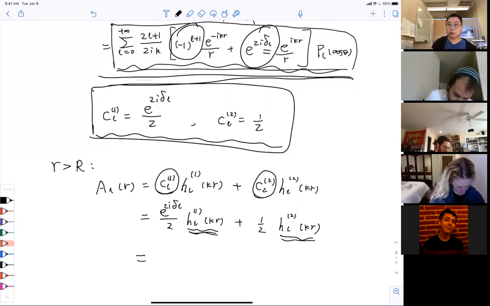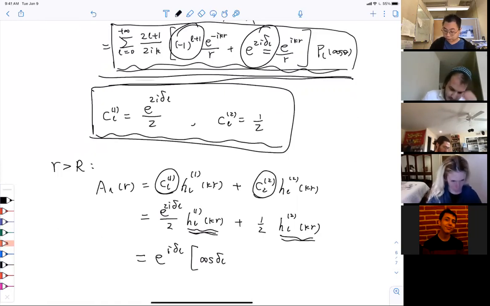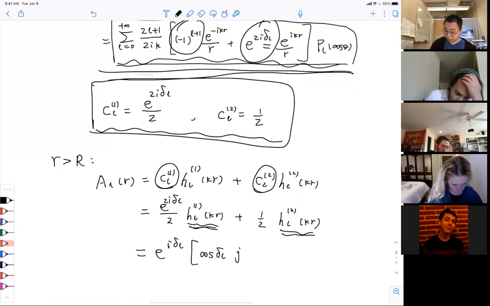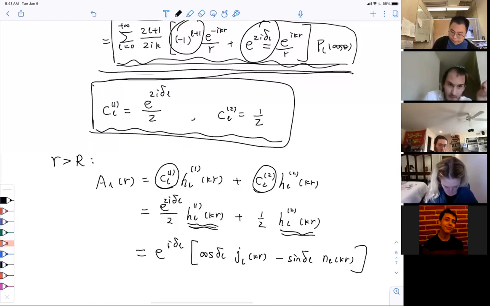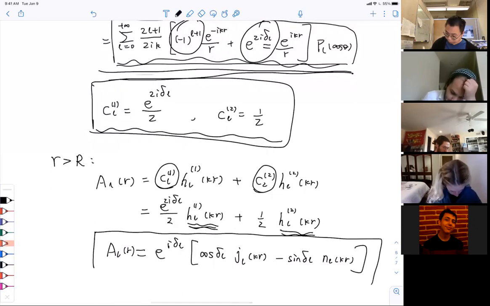So we can rewrite this guy in terms of JL and NL. Here's some very simple algebra you can do by yourself. Okay, so this is the K expression we need.